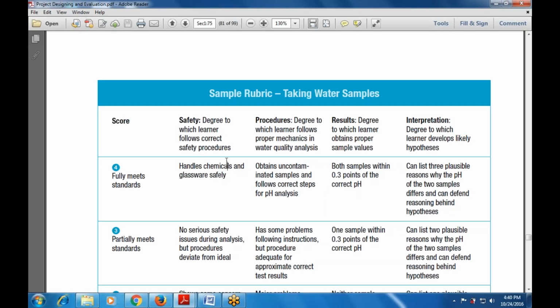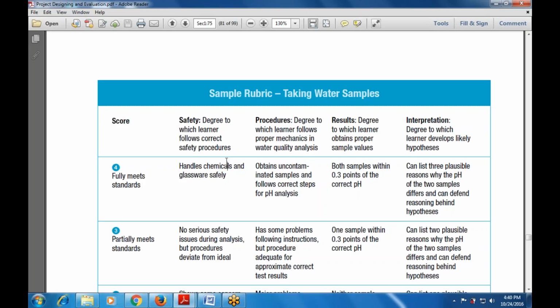That is how it fully meets the requirement of the data.